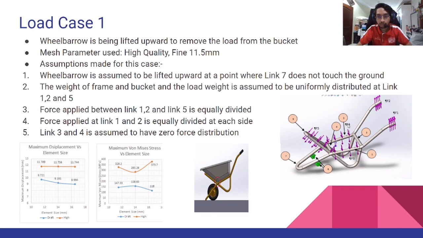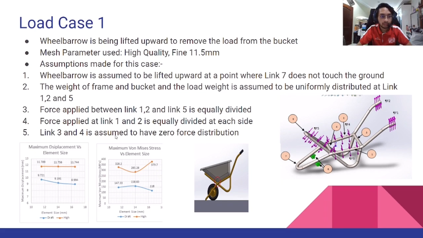Link 1 and 2 withstand 50% of the total weight. The fourth assumption is that the force applied at link 1 and 2 is equally divided at each side. That means that the 50% of the total weight is divided again by 2 for each side of the link.